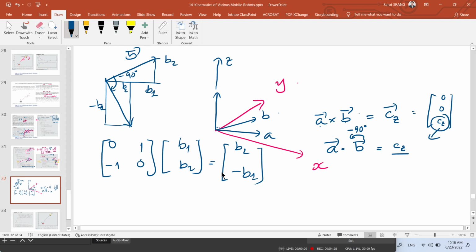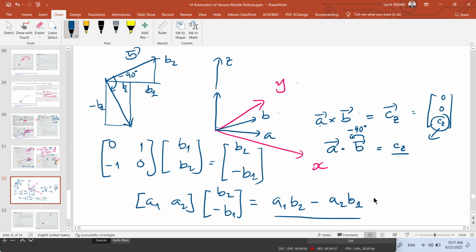So let's check. If I multiply by A transpose, [A1, A2], with the rotated B, I get A1 B2 minus A2 B1.